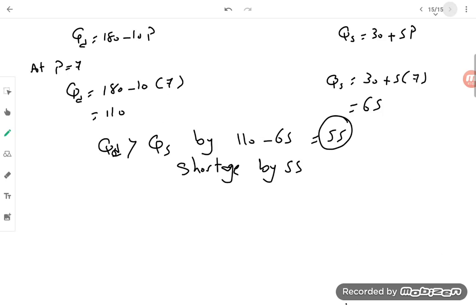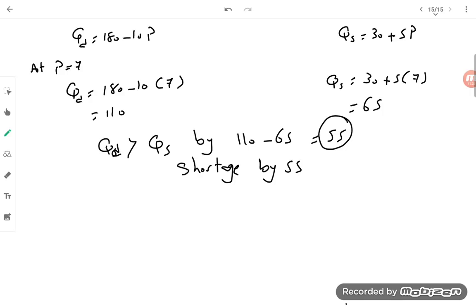Now let's assume that cost of production decreased, and as a result, supply will change by 20 at each price level.